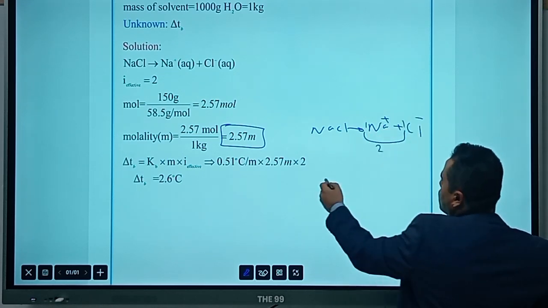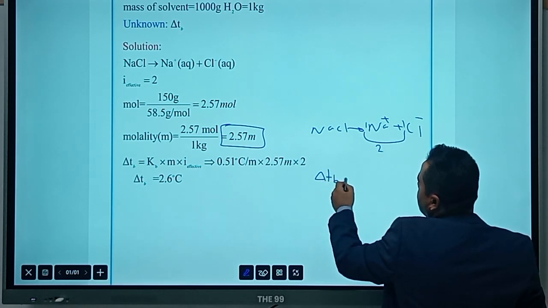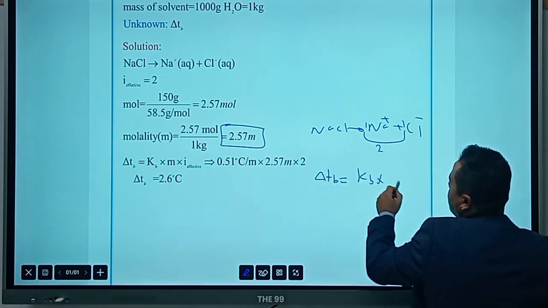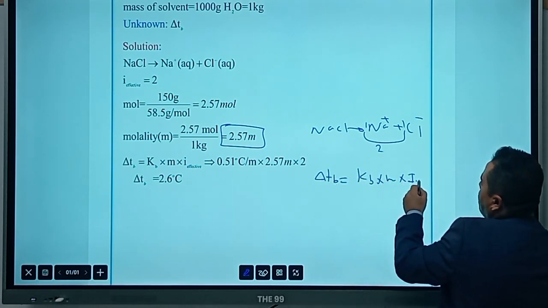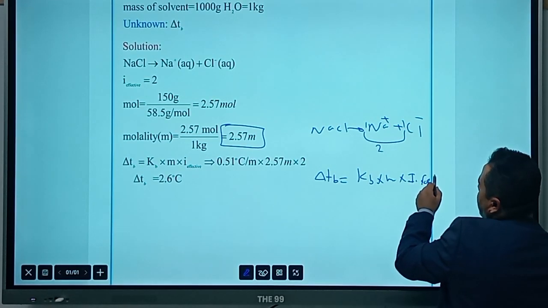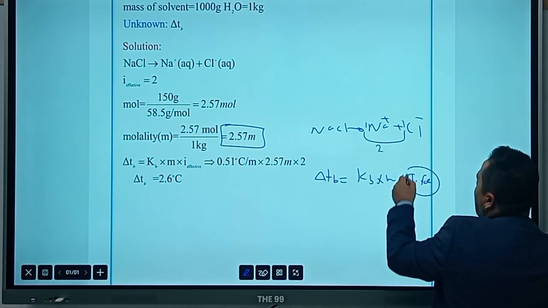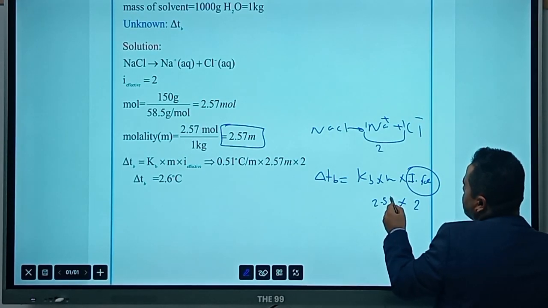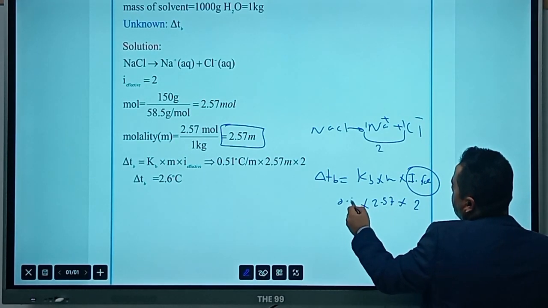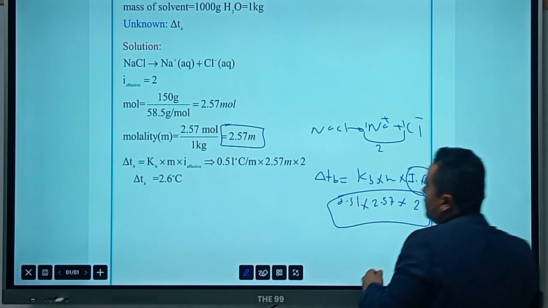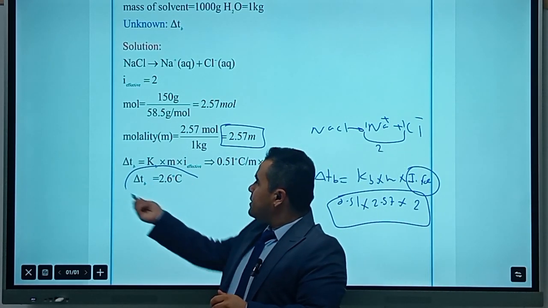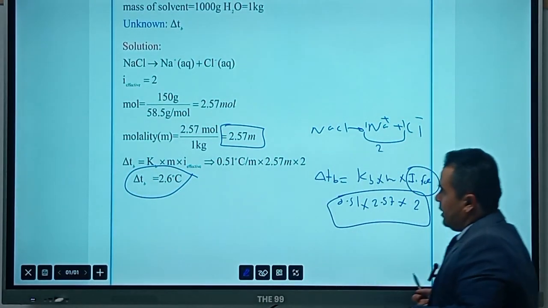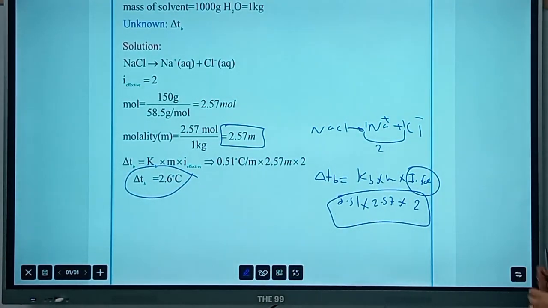The ion factor is 2. Delta Tb is equal to Kb multiply m multiply ion factor, the i effective. So the ion factor, guys, is 2. The molality is 2.57 and Kb is 0.51. You'll get the result of 2.6 Celsius as the delta Tb of the NaCl.